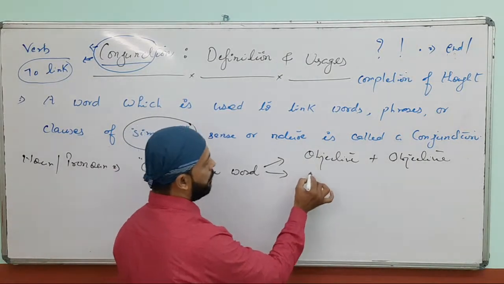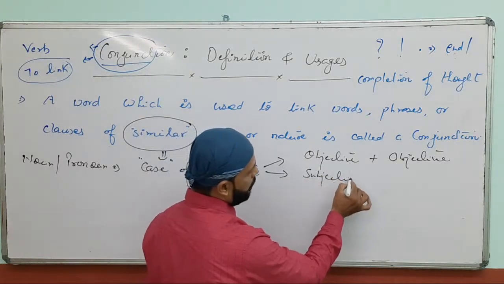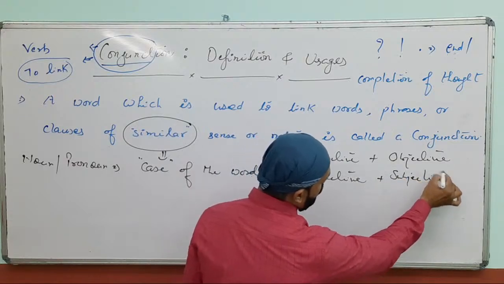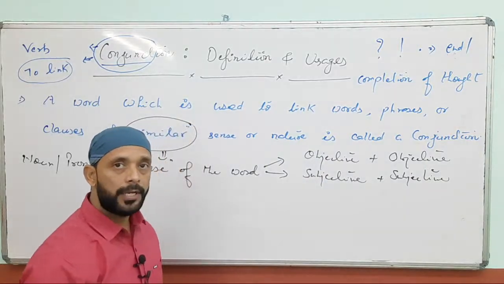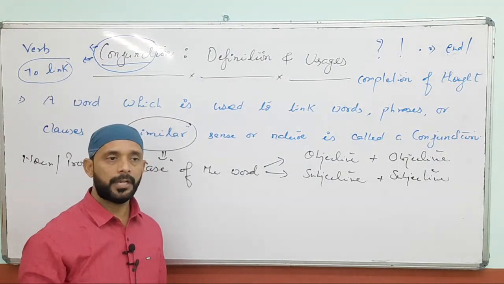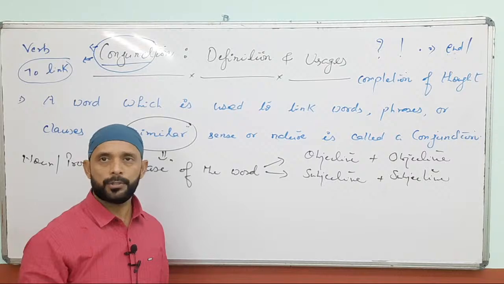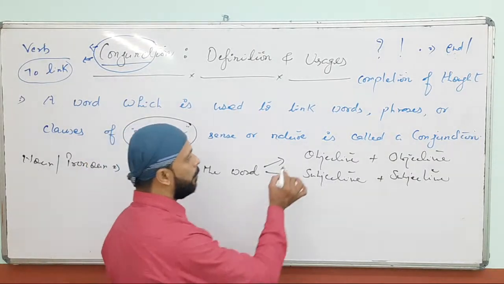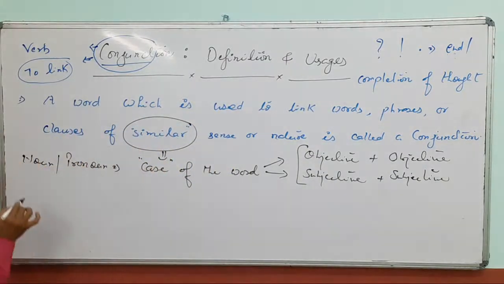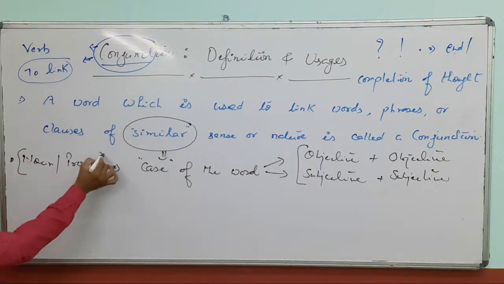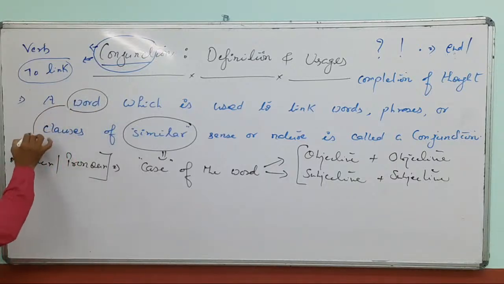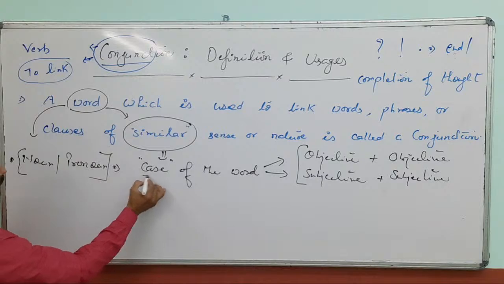If it is subjective, it should be subjective case and subjective case. Since possessive case can be used in both terms, there can be a subjective possessive and an objective possessive, so that's not an issue. Okay. So about these two cases especially, whenever we are trying to link noun and pronoun with the help of a word or conjunction, we would like to see that the meaning of similar is the case of the word.